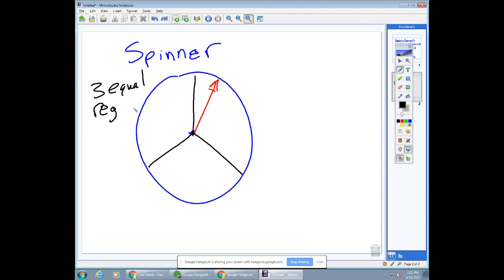Can't spell any day, but that's okay. And by equal regions here, from the center, they have to have the same angle measure for each one to be equal, because that's what matters most here. So for example, if we're thinking about degrees, there's 360 degrees in a full spin. So that means each of these sectors of the circle has to have 120 degrees in it to be equal.